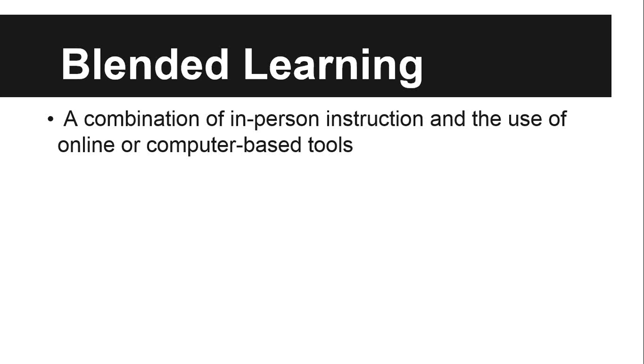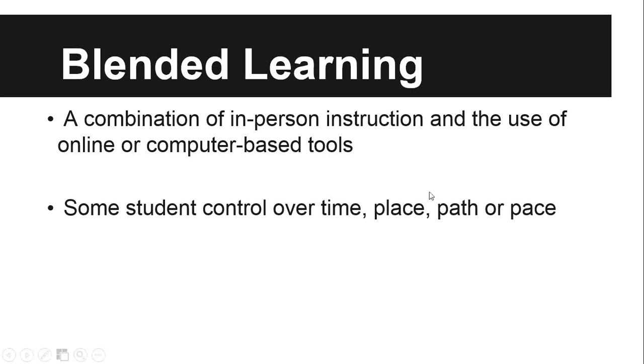So some characteristics of this. Blended learning gives the students some control over time, place, path, or pace, which means that using technology they can learn when they want to, they can use these programs when they want to, where they want to.